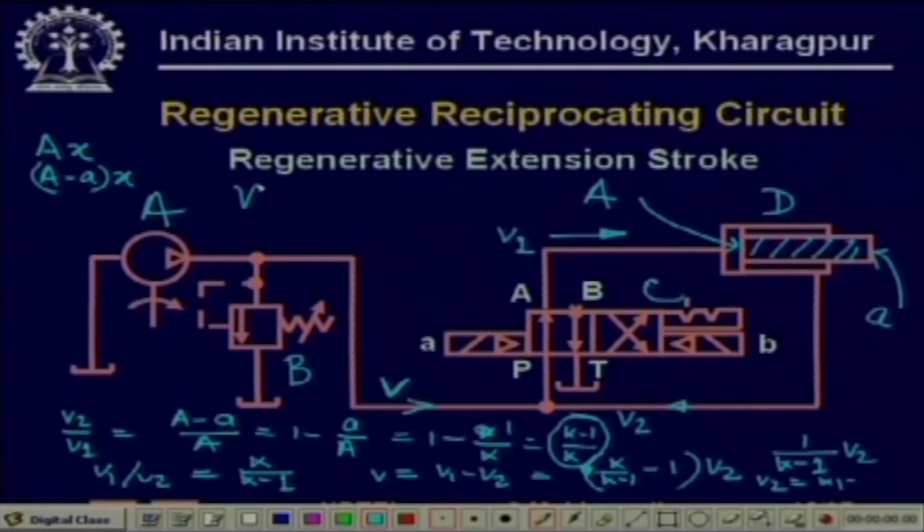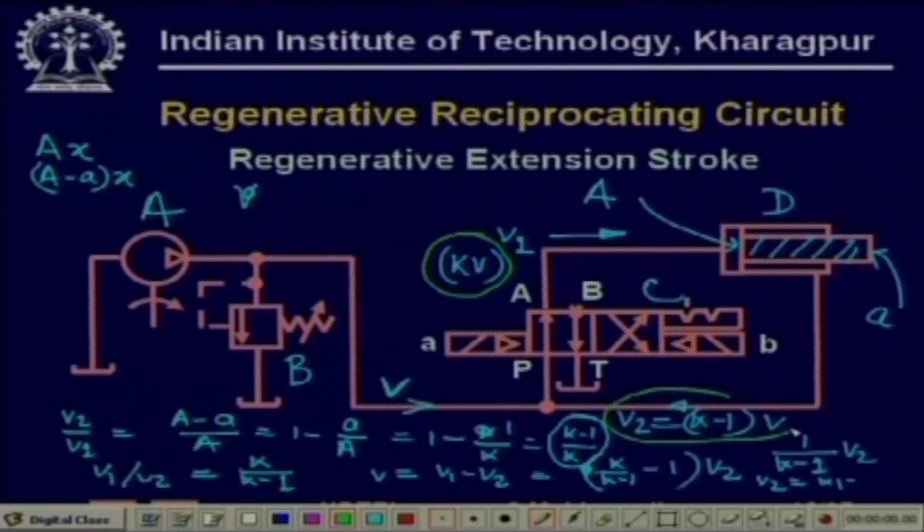So we get two equations, V2 is equal to (K minus 1) into V, and therefore V1 is equal to K into V. Let me encircle them in a different color, these are the final expressions. So these are the flows, you understand?